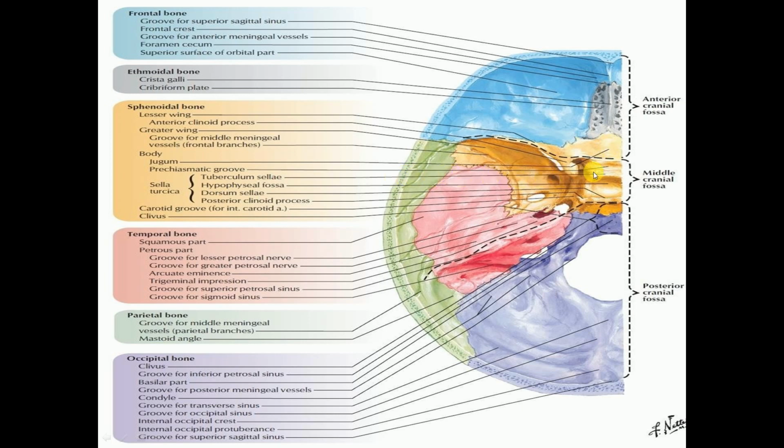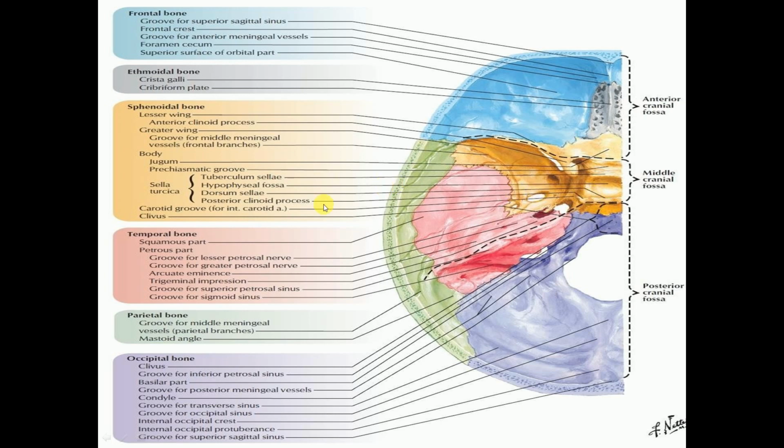The sella turcica contains the tuberculum sella and your hypophyseal fossa, and this one is your dorsum sella. And this one is your clivus.